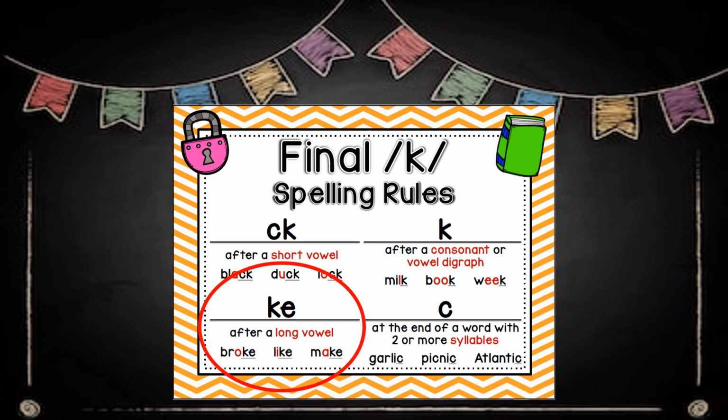When we spell the K sound this way, the E is silent. Why do you think we need the silent E? Because we need to make the vowel long. We've learned 3 spellings for the final K sound. Make sure you refer to these rules to remember how to use them.